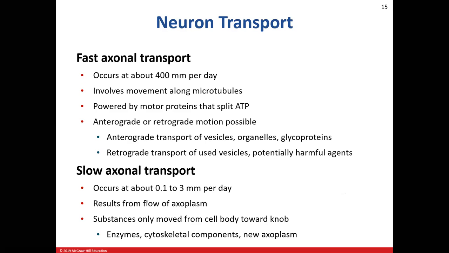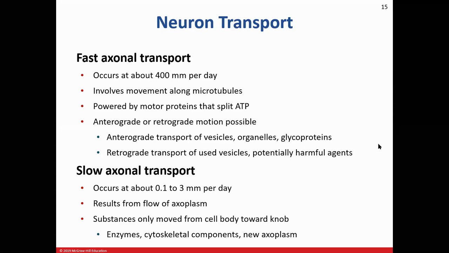In an entire day we can move things 400 millimeters. It involves the movement along the microtubules, and it's going to be powered by motor proteins that utilize and split ATP. Understand that with fast axonal transport, we can have things moving in an anterograde or a retrograde motion. So we can have things moving toward the cell body or away from the cell body.